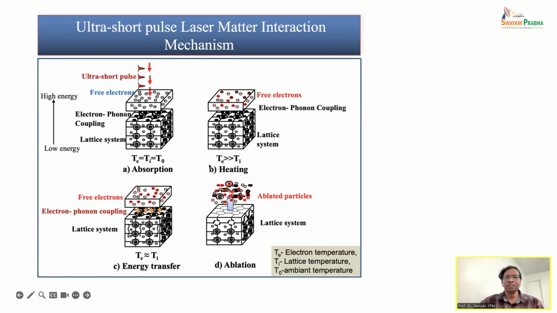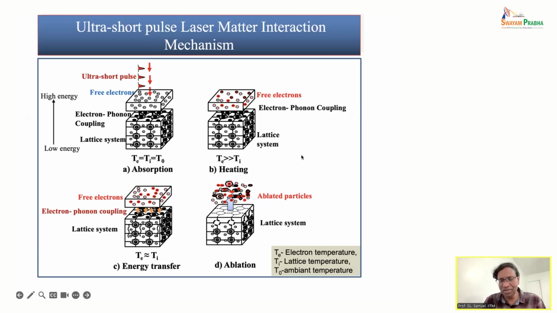Now, as I said, if the pulse width is shorter, even before the energy gets transmitted to the lattice system, these free electrons which have absorbed the energy will get enough energy to move away from the material. So thus the laser ablation takes place and these electrons will be gone.